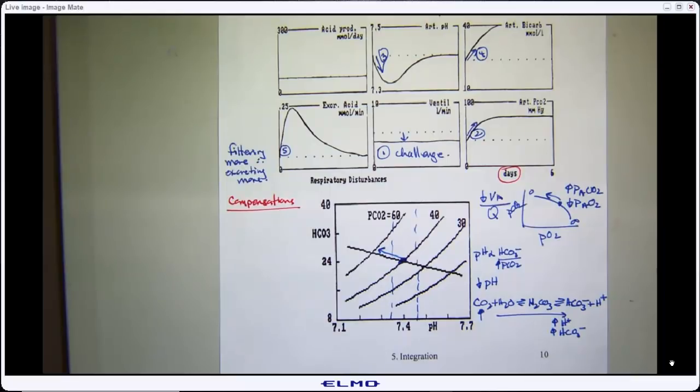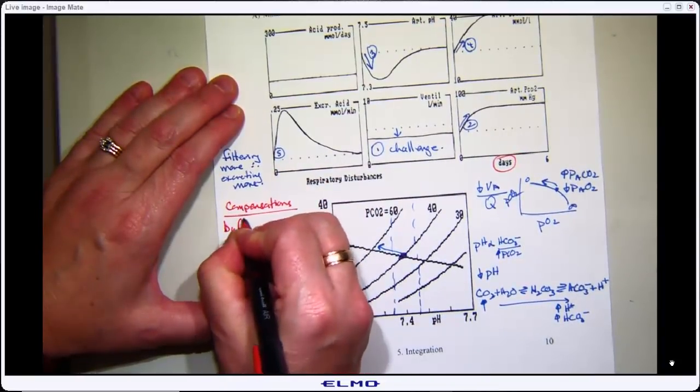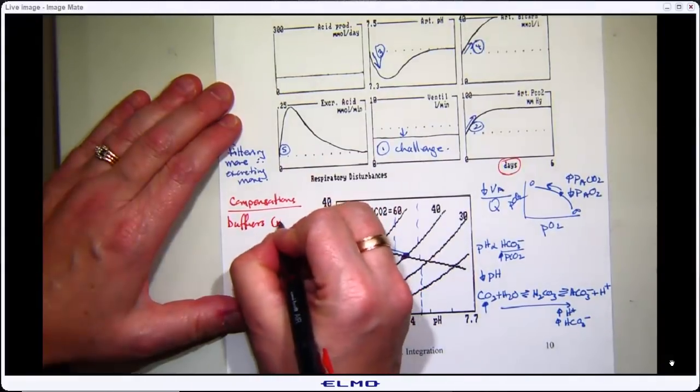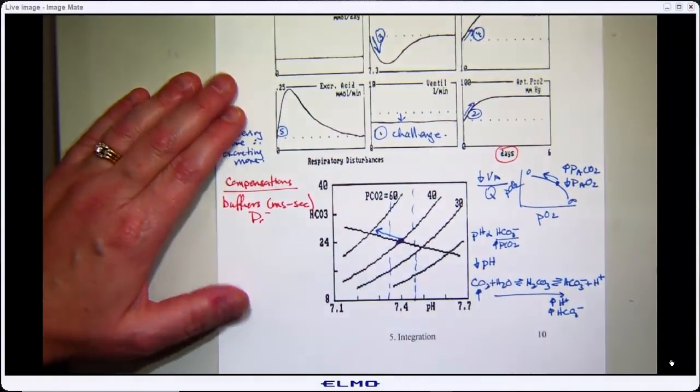Go through these in terms of time. What are you going to do first? Buffers. Awesome. So that's our milliseconds to seconds time scale. What's going to happen with our protein pool then?